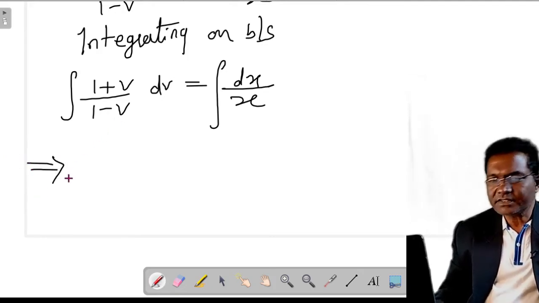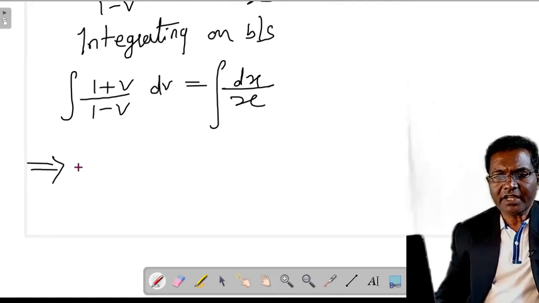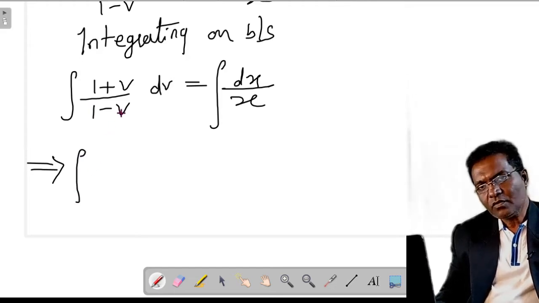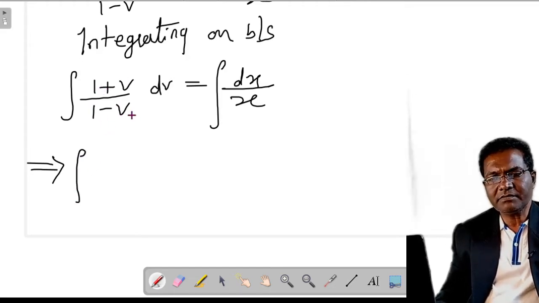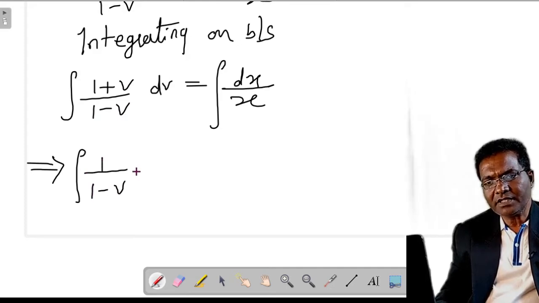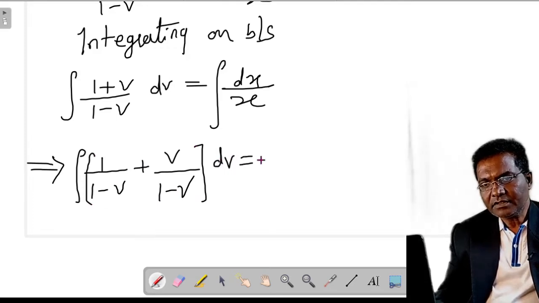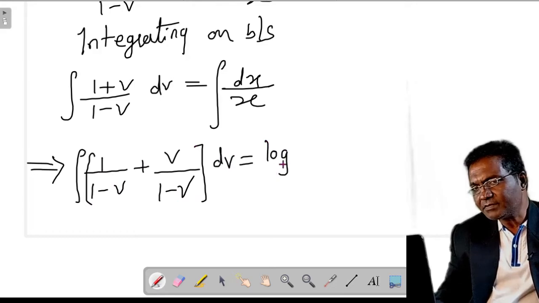Now how to evaluate this is the question. You can do it like this. I can write it as 1 by 1 minus v as one term, and the other is v by 1 minus v dv. On the other side, the integral of dx by x is log x plus c.